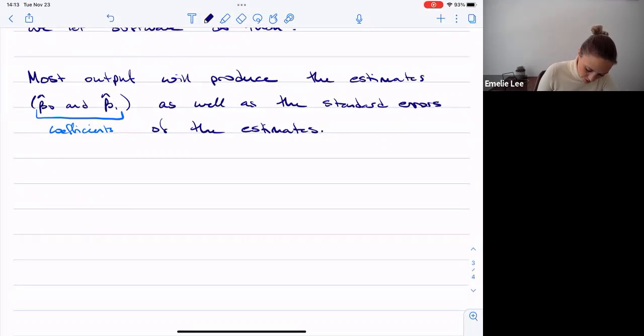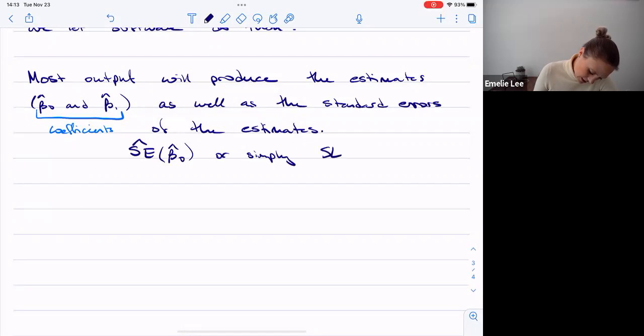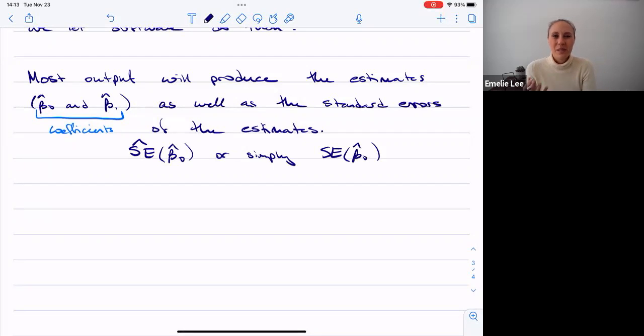Usually we call them SE hat, beta naught hat, for example, but then there's hats all over the place, or simply SE of beta naught hat, because then you can see that this is on the estimate. Okay, that's just a little shorthand.